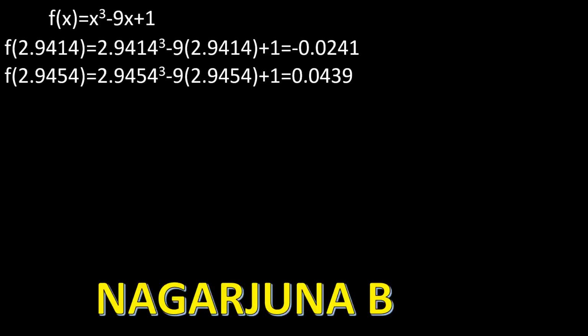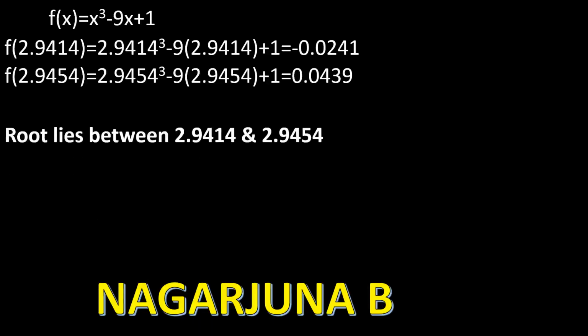The root lies between 2.9414 and 2.9454. For 2.9414, when we substitute in f of x, that is f of 2.9414, you get a negative value, minus 0.0241.